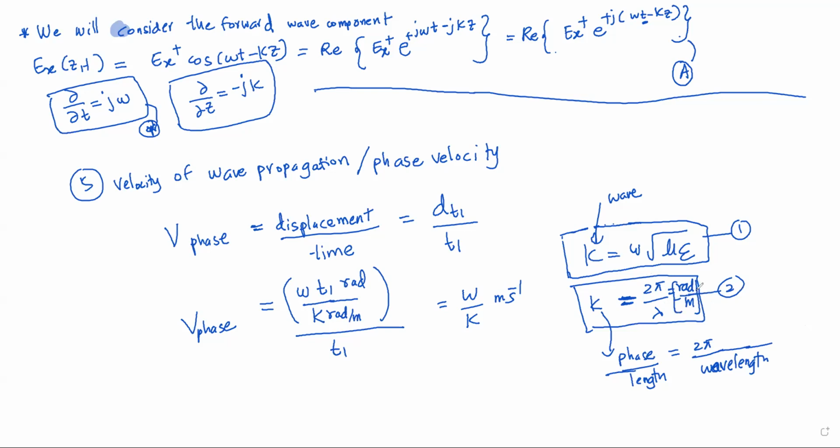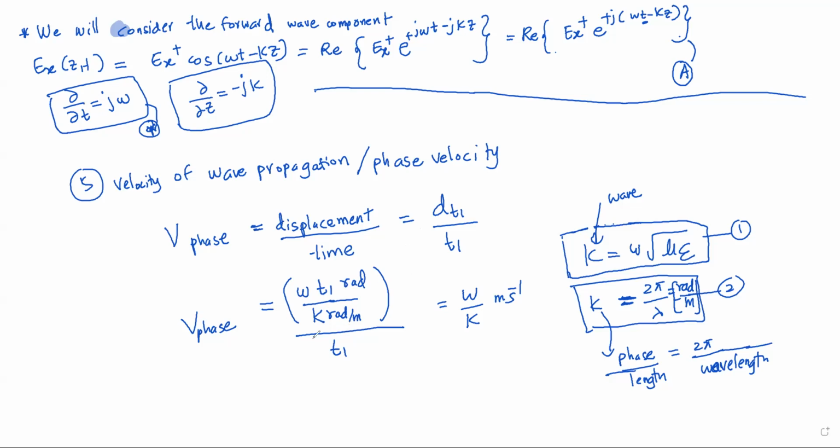Since I want to find the displacement of the wave along the direction of wave propagation, I take the ratio between the amount of angle that I moved over a time of t1, divided by the amount of angle that I move per unit distance.